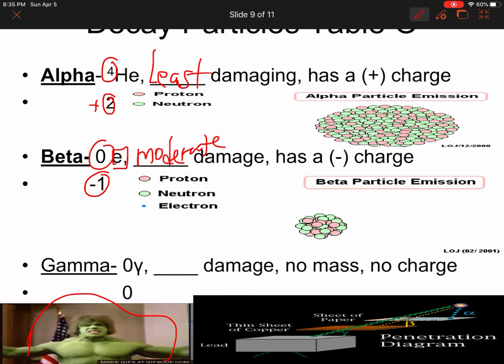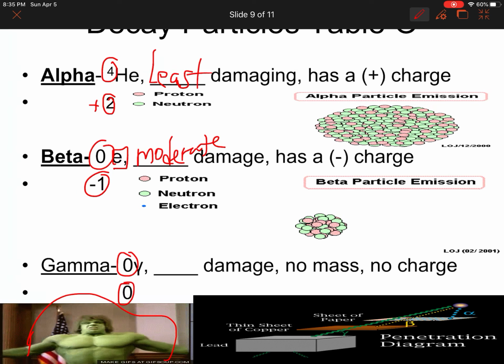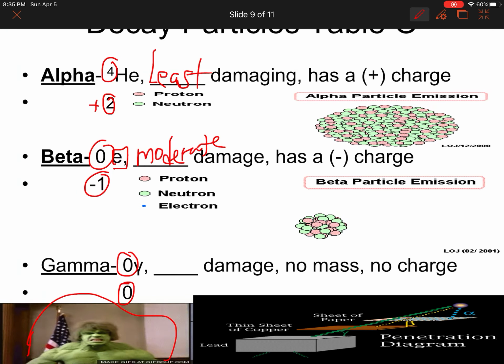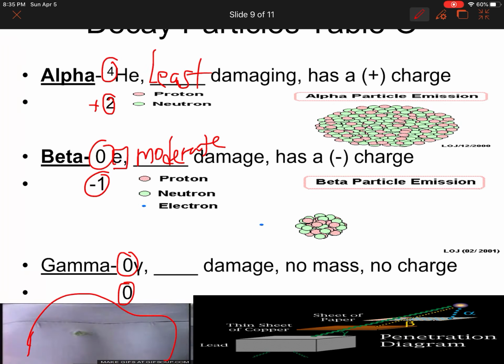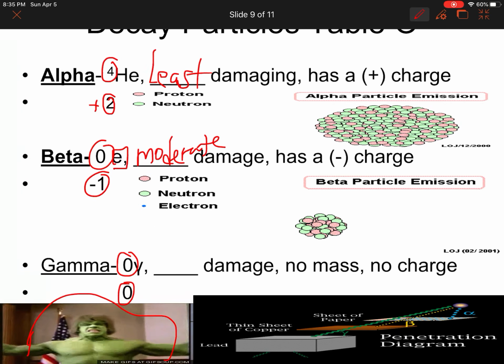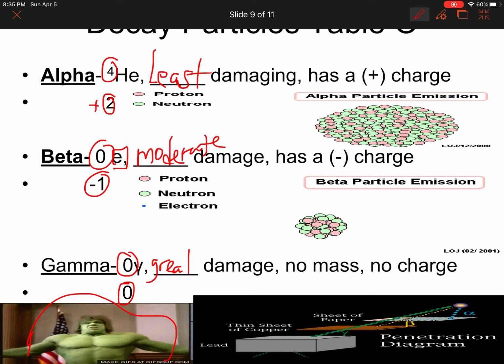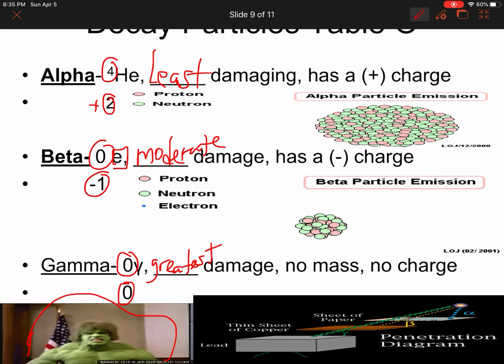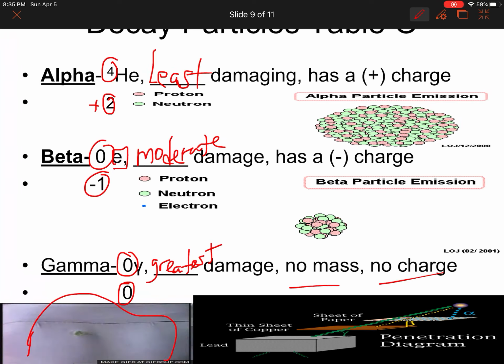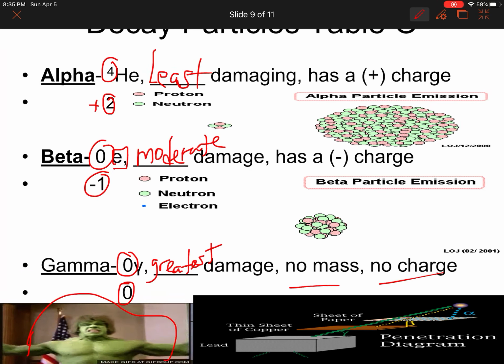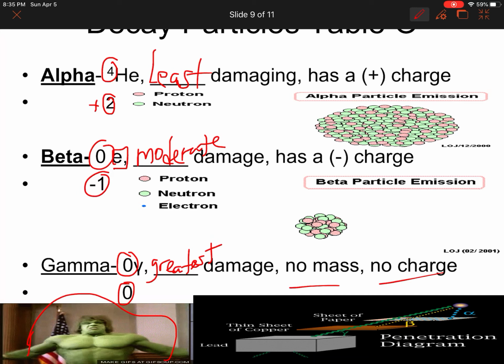While gamma, which has no mass and no charge, has what's called the greatest damage. It's a wavelength, guys, similar to gamma rays which come from the sun, a gamma ray burst.